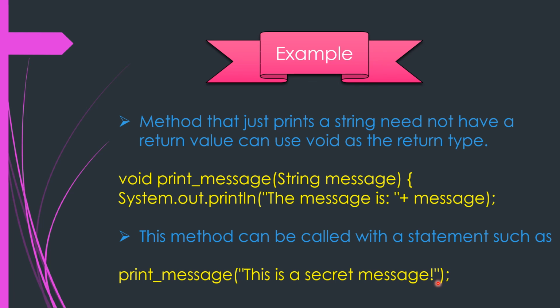This method uses void, so it is a special return type. Why? Because it is used if the method does not have a return value, and in this case the method will only print a string, and that is why we have used void here.